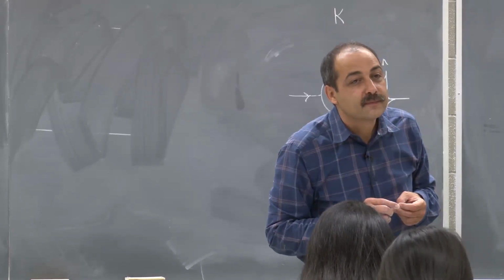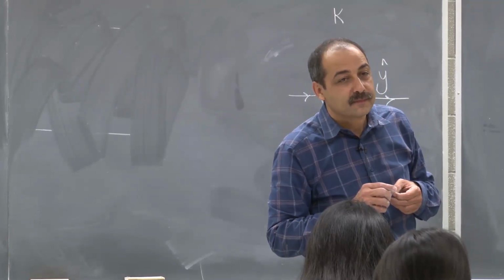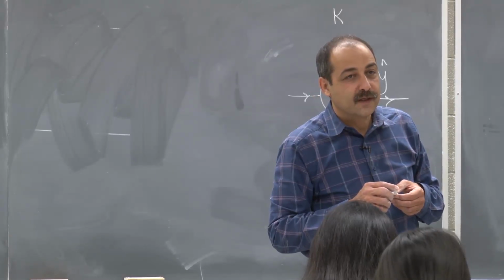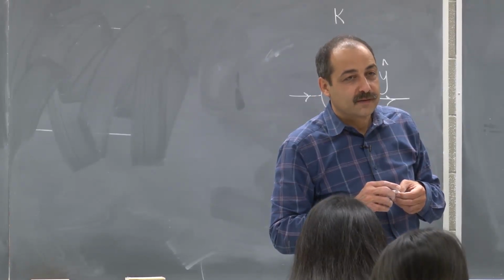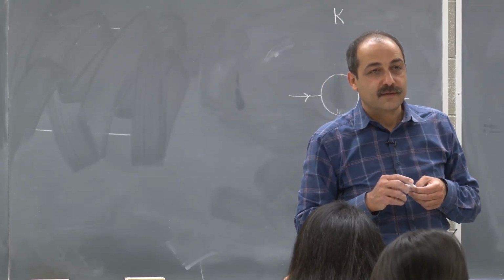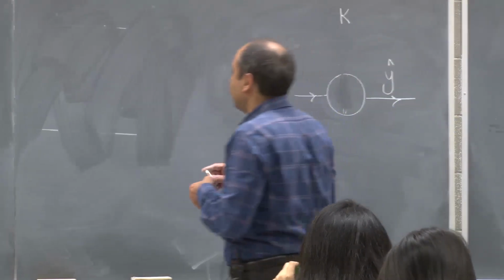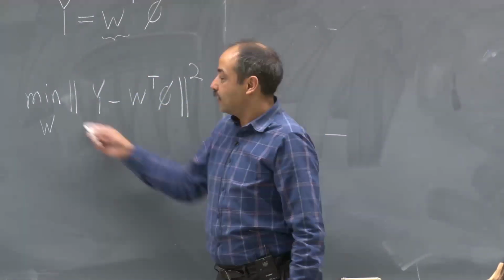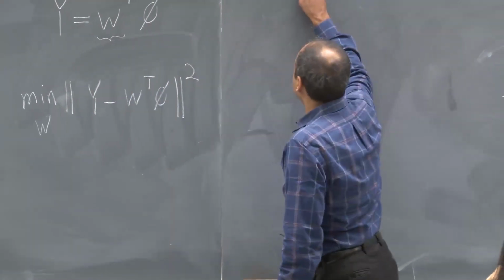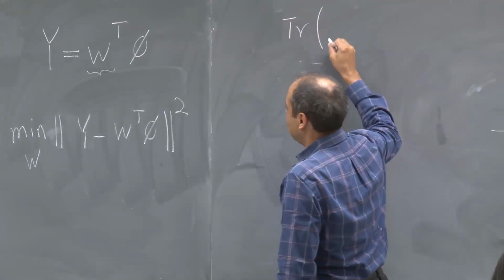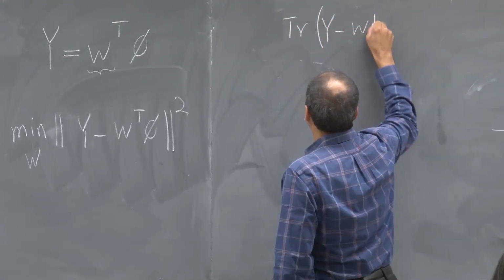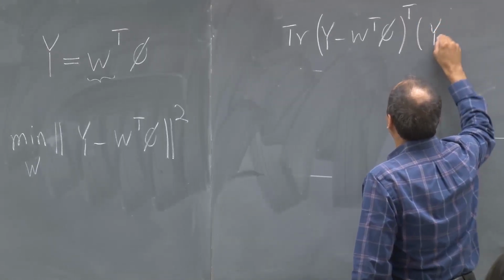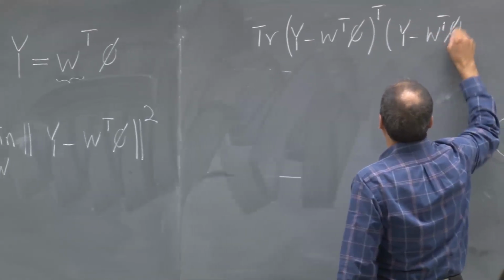Is it phi transpose times phi, inverse, and times phi transpose? Yes, basically this cost function, this norm, is just the trace of (y minus W transpose phi) transpose times (y minus W transpose phi).